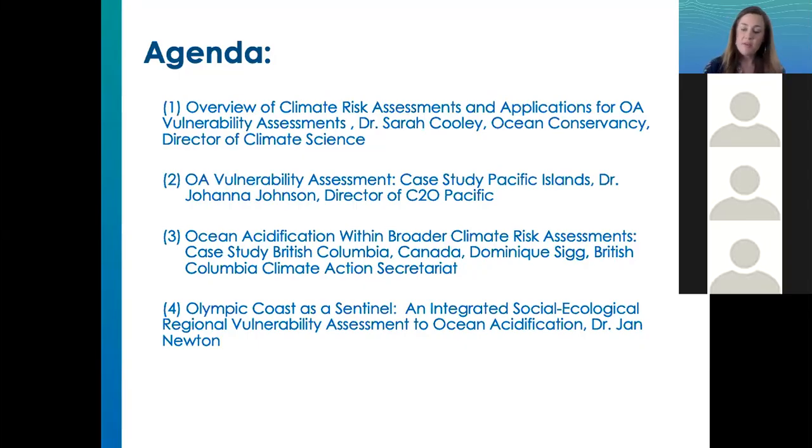Many handbooks, policy briefs from around the world have increasingly outlined potential methodologies and approaches to this work, and want to highlight that very recently or soon to be released, the Commonwealth Blue Charter OA Working Group has released a policy handbook that will talk about these approaches to risk and vulnerability assessments.